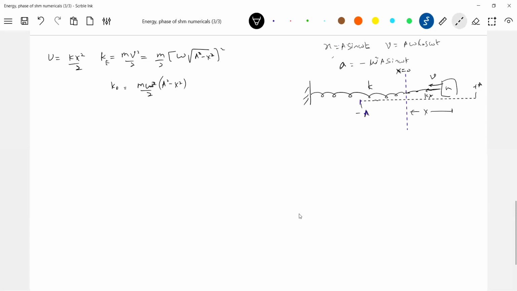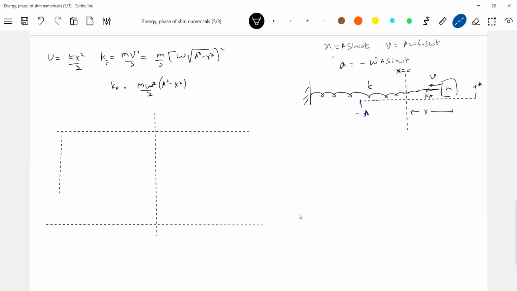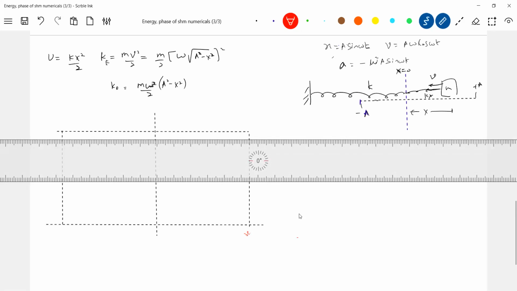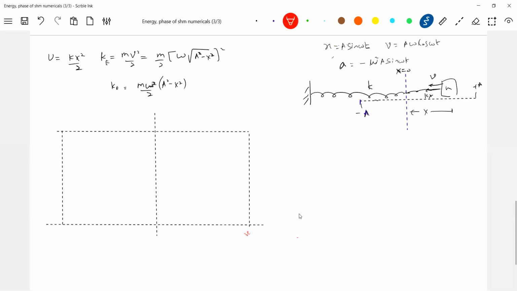Okay, now let's plot the graph. I'm interested in the graph. Very important. It will almost finish off the maximum theoretical concept of this. Okay, this is the displacement, plus a, minus a. This is 0. This is x. Here I'm plotting potential energy as well as kinetic energy.